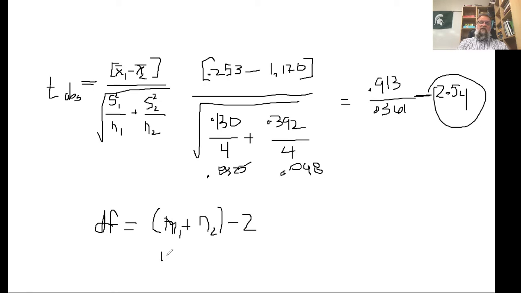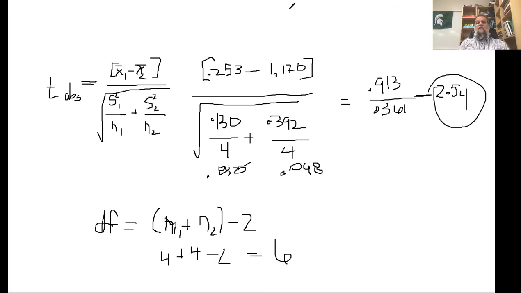So in this case, it'd be 4 plus 4, subtract 2. And if we carry out the math, we have a degrees of freedom of 6 in this case.